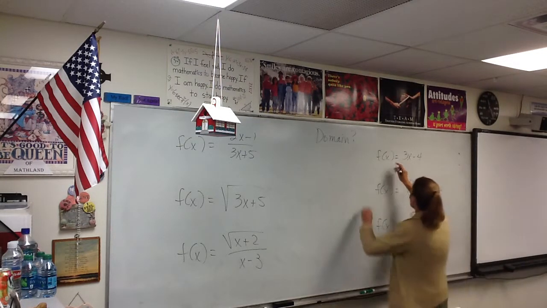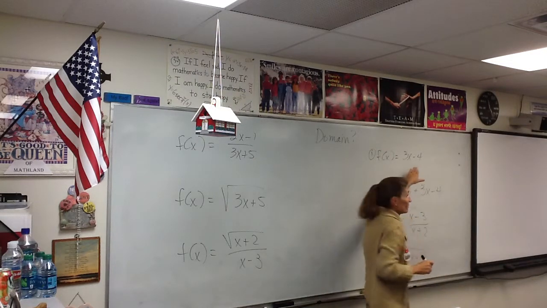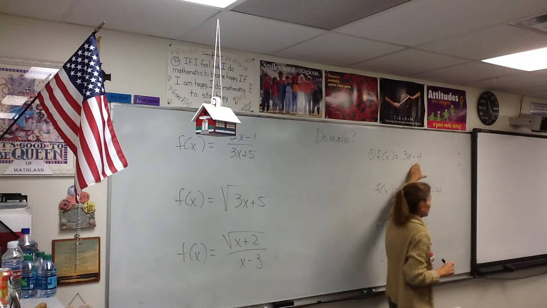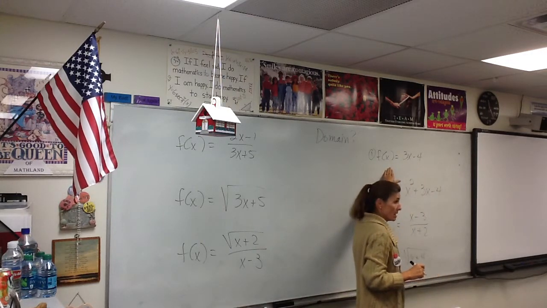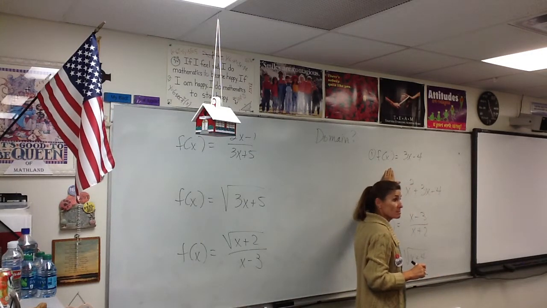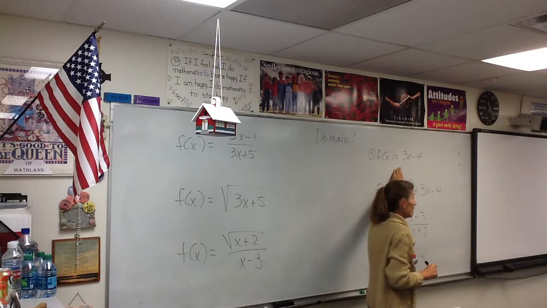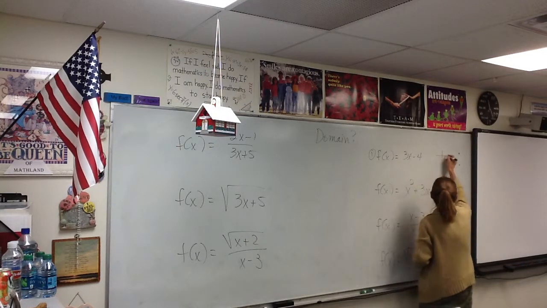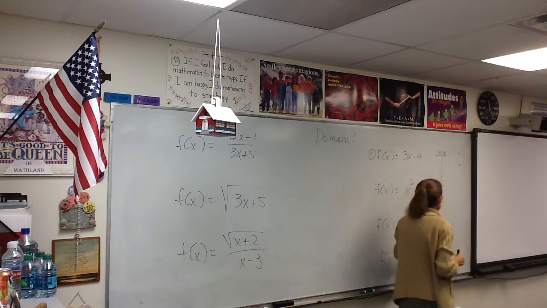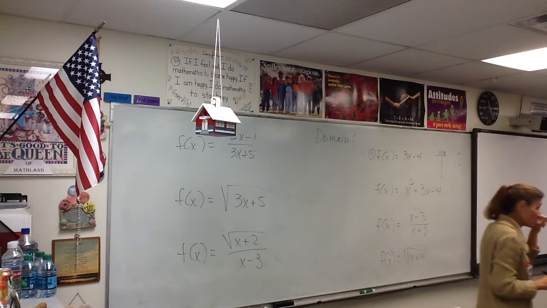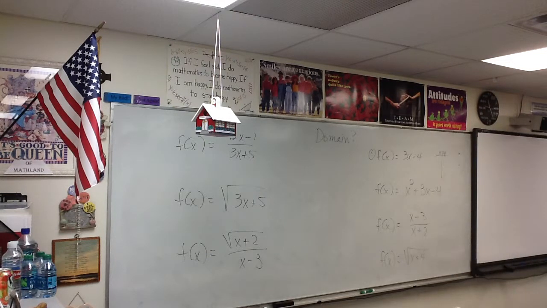What would this look like if I drew a picture of it? That would be a line, right? That's mx plus b, so that would be a line. So what can you tell me about the x values? If you were going to draw this line, what x values would you be allowed to use? Because that's what we're talking about, domain. That's x values.